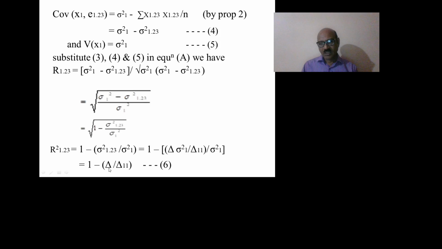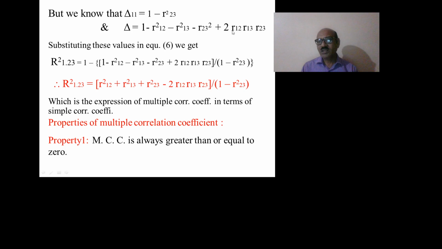Now we know the delta matrix as 1, R12, R13, then R12, 1, and R23, and the last row will be R13, R23 and 1. So using that we obtain delta and delta 11, where delta 11 is equal to 1 minus R23 square, and delta will give you this expression. Now we will substitute these delta and delta 11 values in expression number 6.